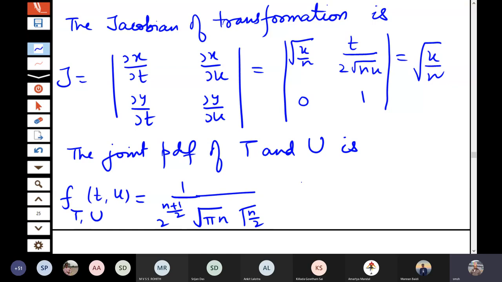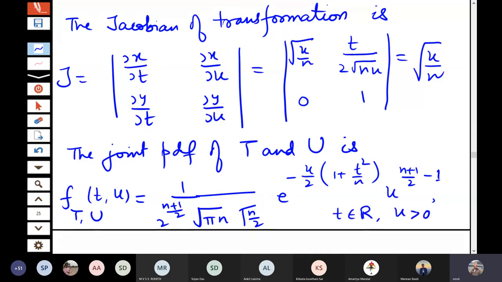These are the coefficients coming in there. e to the power minus u by 2 into 1 plus t square by n, and then u to the power n plus 1 by 2 minus 1, where t is of course a real number and u is a positive real.